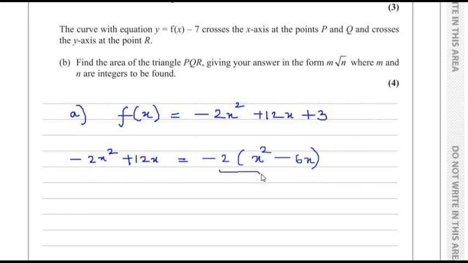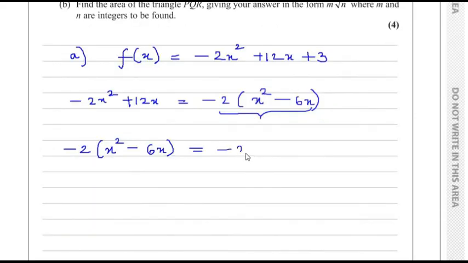Now let me take what I have got over to the next step, and I'm going to solve the brackets by using the completing the square method. So let me keep minus 2 outside the bracket, and I'll keep the x square as it is. I'll keep the negative 6x the same way.